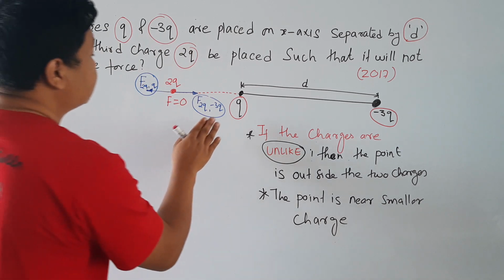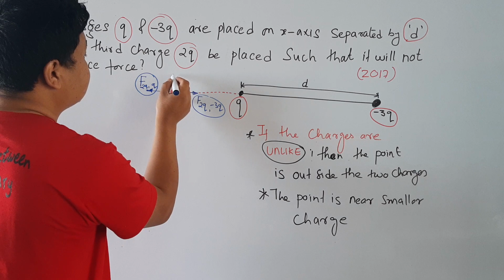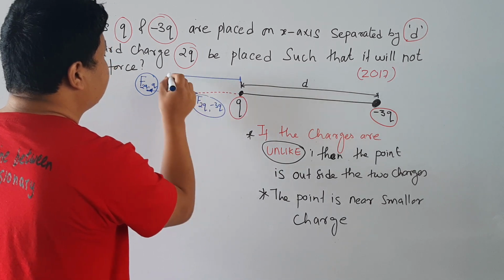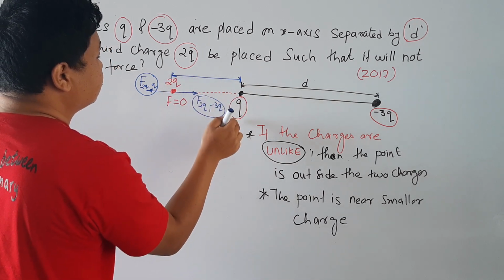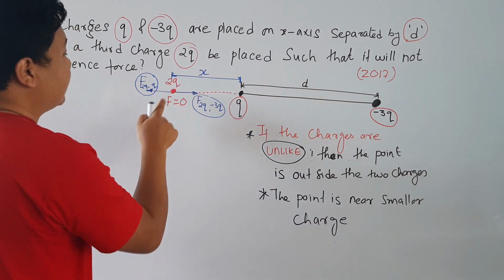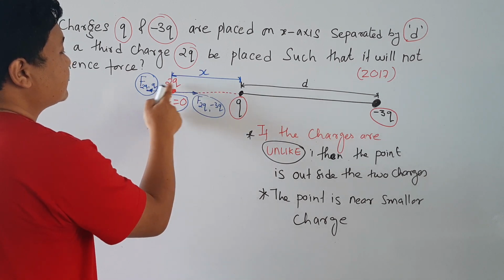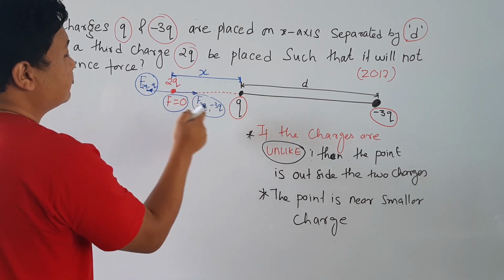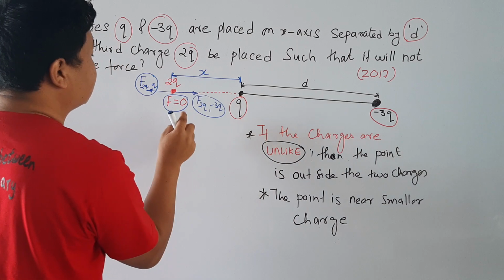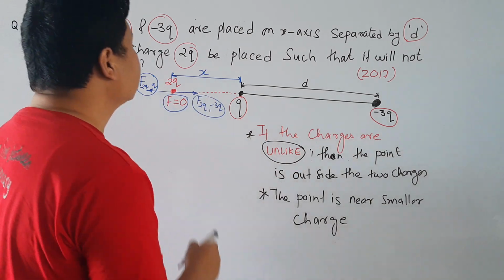Let this distance from q to 2q be x. At this point the force is 0, because the force between this charge and this charge is in this direction, and the force between the other charge and this charge is in that direction.